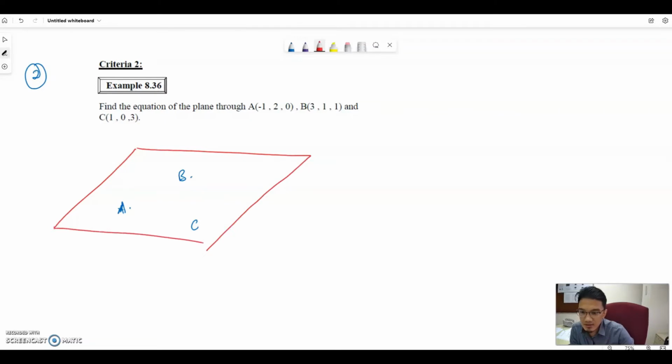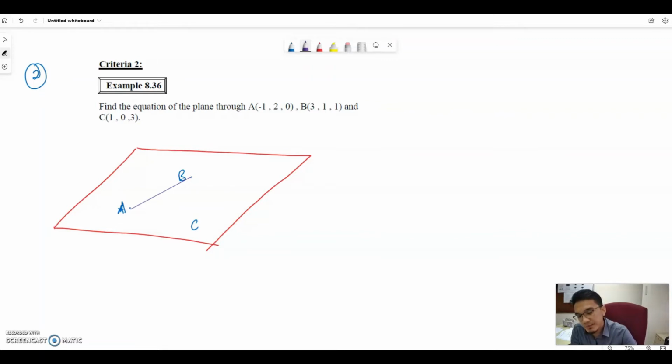So let's say this is the plane. In order to create the equation for that plane, we must find the vector that is perpendicular to the surface of the plane.